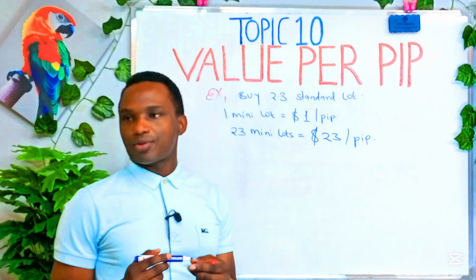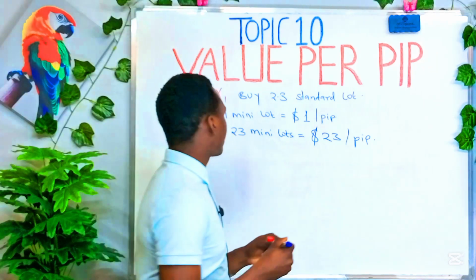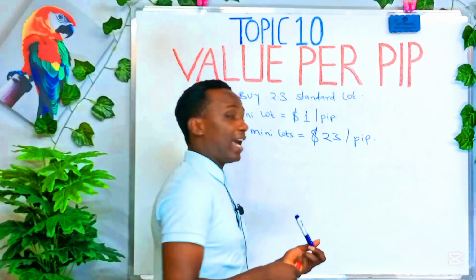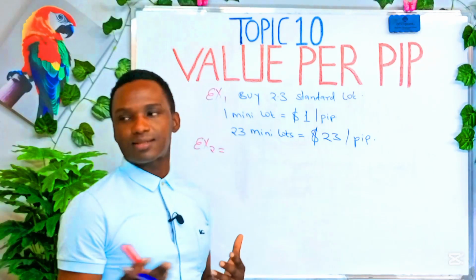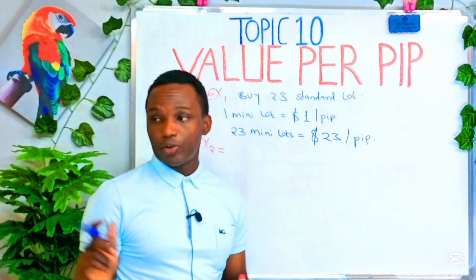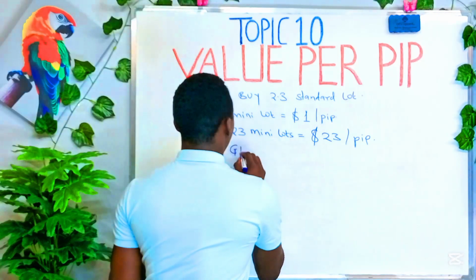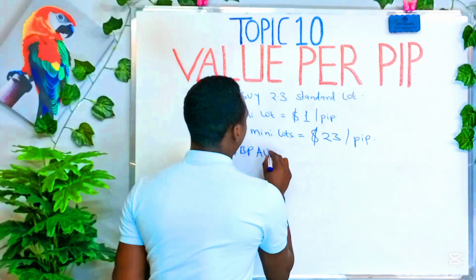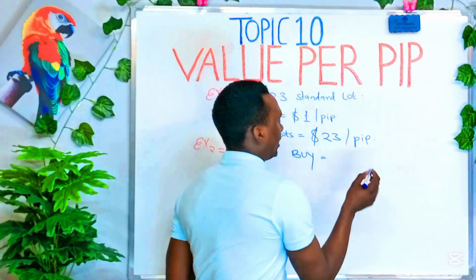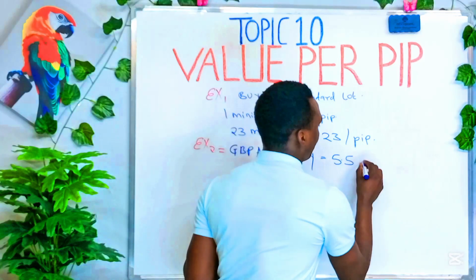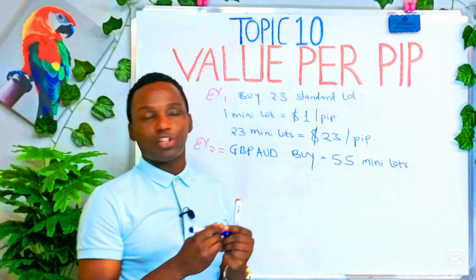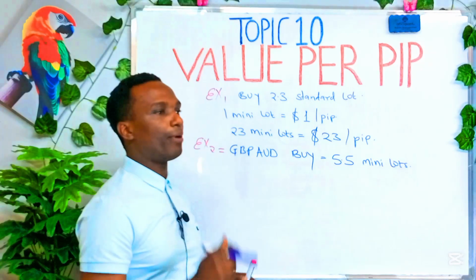Shall we do another example so that you understand further? In this example, let us use something other than the US dollar as the quote currency: GBP/AUD. We buy 5.5 mini lots, and the question is, how much is the value per pip?